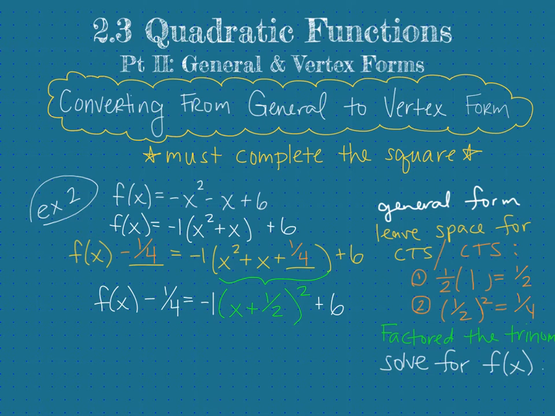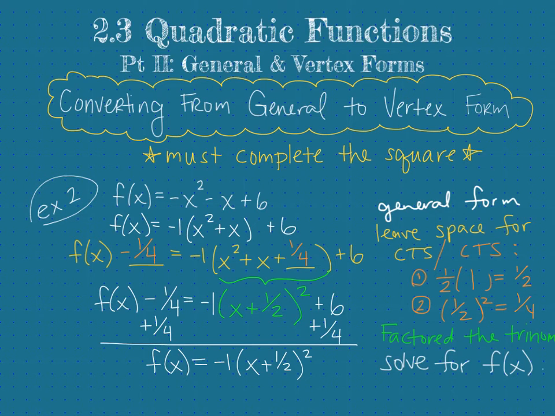The last thing that we need to do is solve for f of x, so I'm going to add 1/4 to both sides. All right, quick in our heads, 6 is really 24 over 4, plus 1 over 4 is 25 over 4. So we're left with f of x equals -1, x plus 1/2 quantity squared plus 25/4.